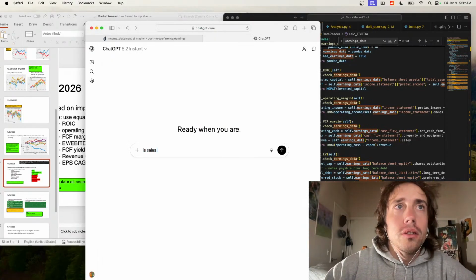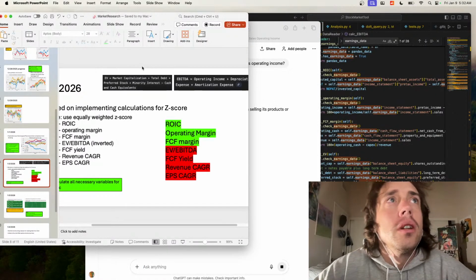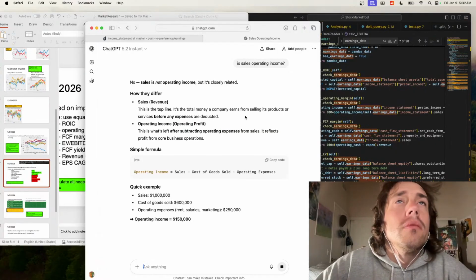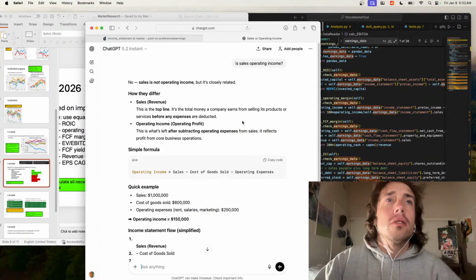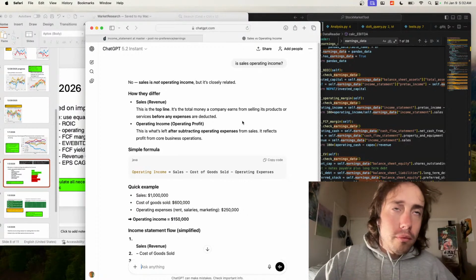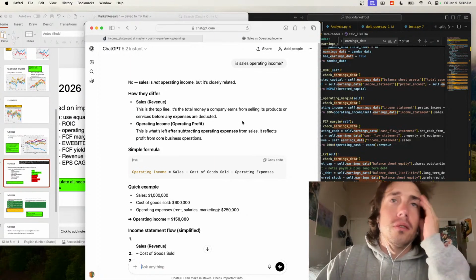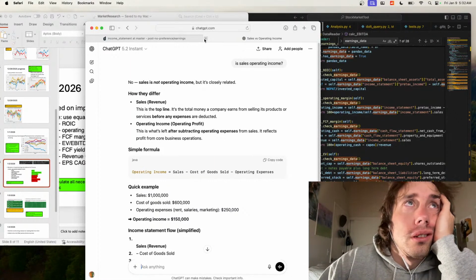Is sales operating income? Sales minus cost of goods sold minus operating expenses.